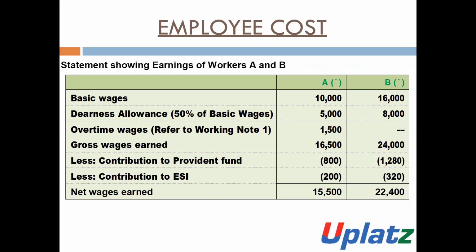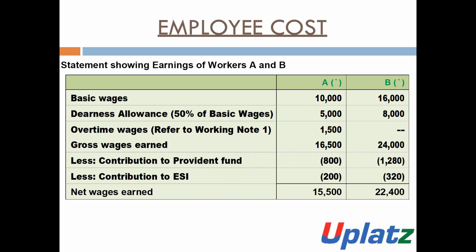And the contribution to ESI is 20%, which is 200 and 320. Means provident fund contribution is 8% of basic, and contribution to ESI is 20% of basic.